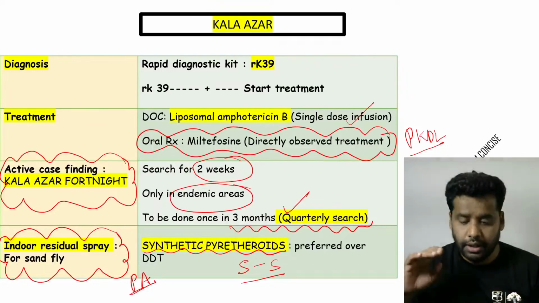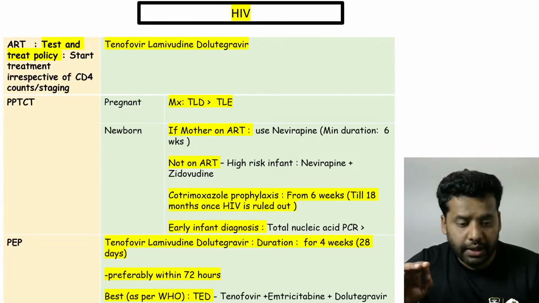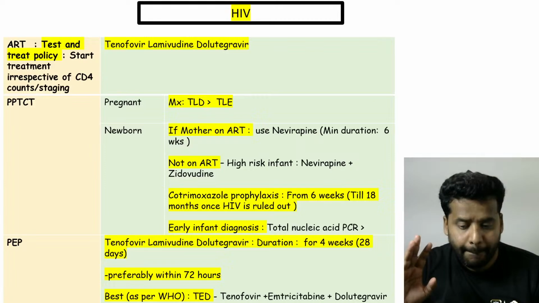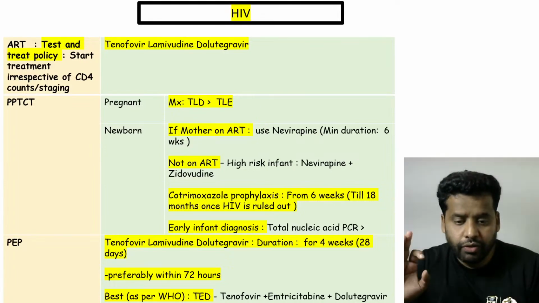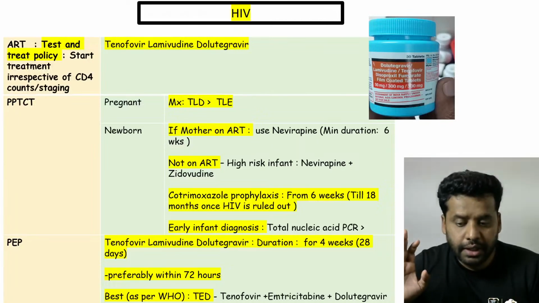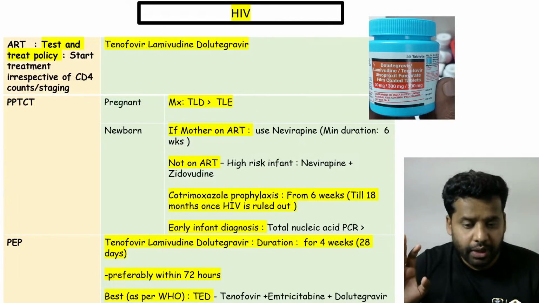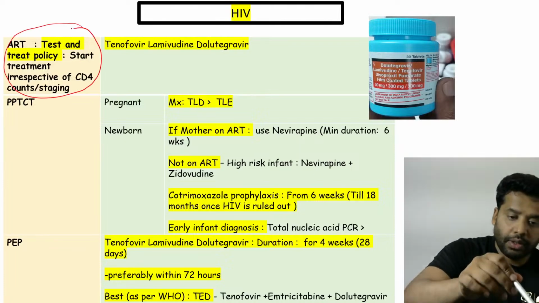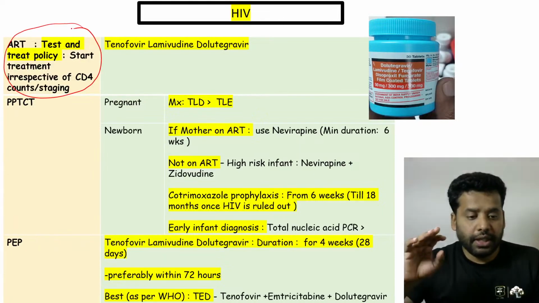How to eliminate Kala Azar? HIV treatment is very, very important. First and foremost, if the patient has HIV antigen positivity, start treatment as early as possible. The policy is called test and treat.